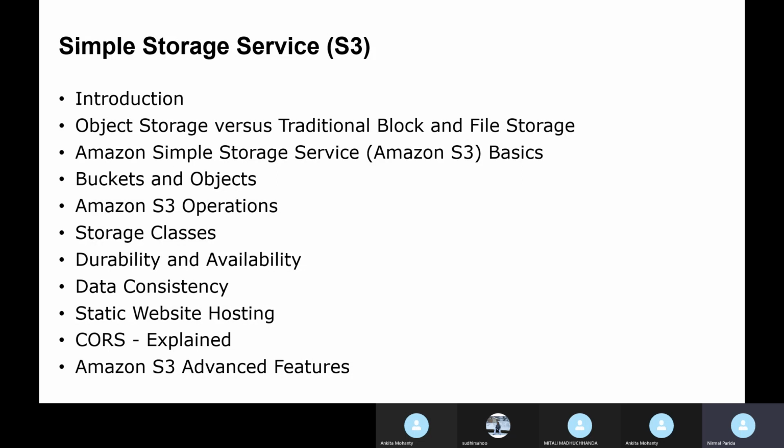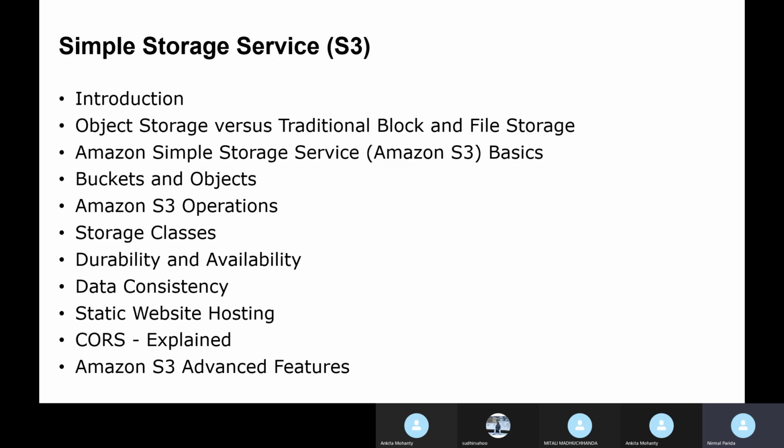We'll discuss the basics, buckets and objects, Amazon S3 operations, the storage classes, S3 durability and availability, the data consistency, and we'll see how to host a static website using an S3 bucket.